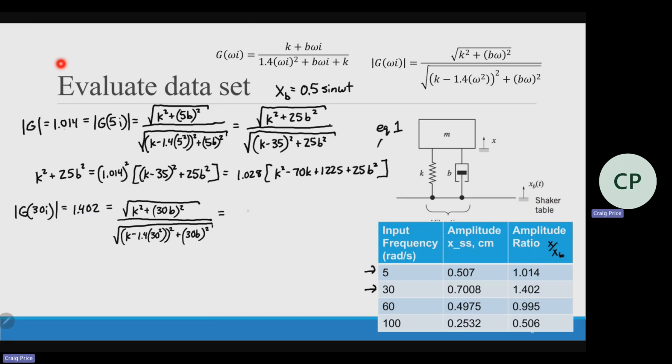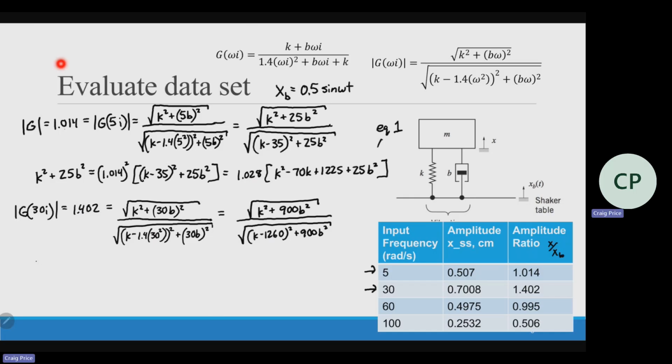But this can change to, let's see, we got k squared plus 900 b squared, and then we would have k minus 1260 squared plus 900 b squared.